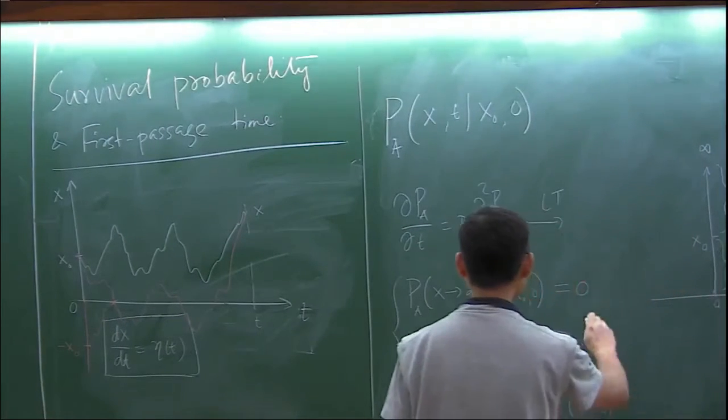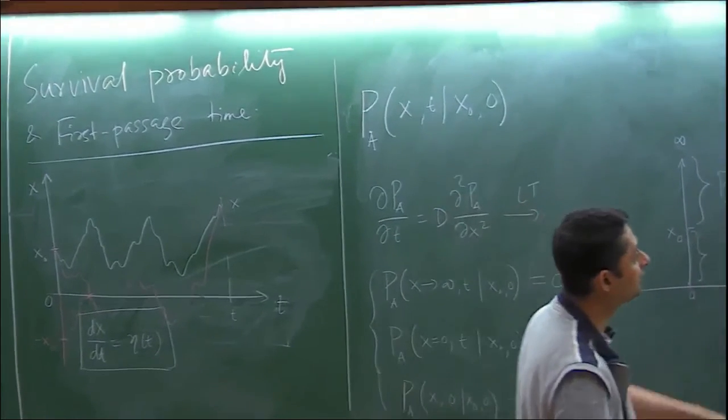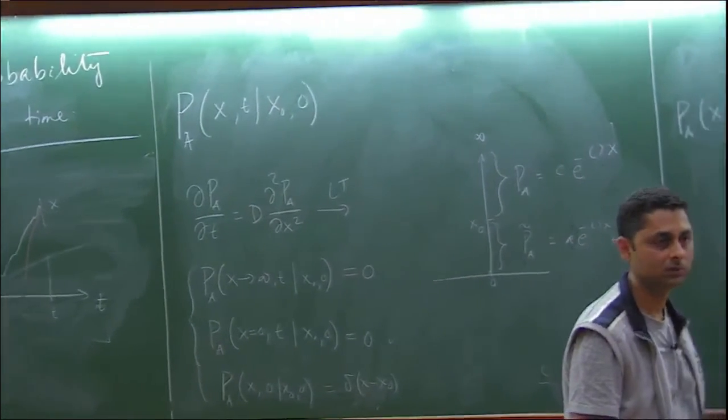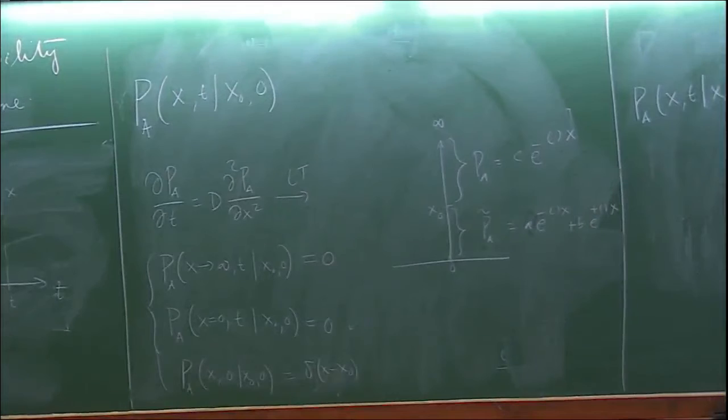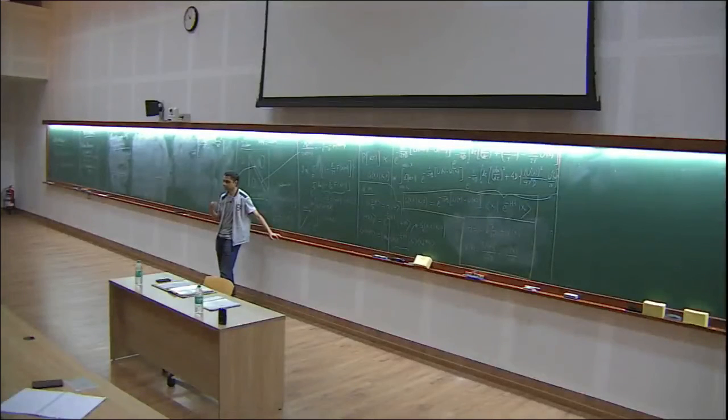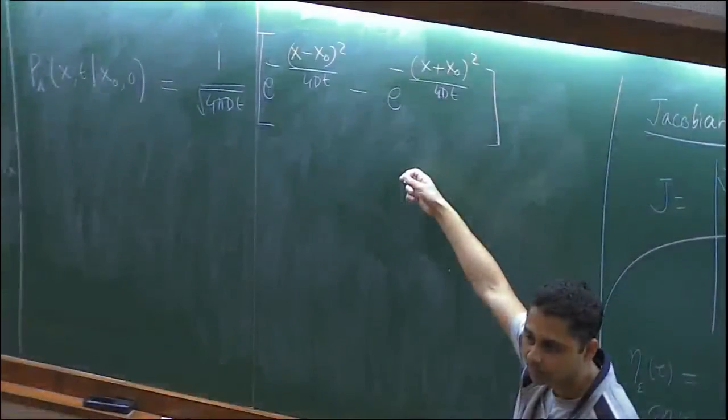So that satisfies this one. And when x goes to infinity, that's 0. Now you know that these differential equations have unique solutions. So if you can write down a solution which satisfies all the boundary conditions and the initial condition, that's the only unique solution. Therefore, this must be the unique solution, right?